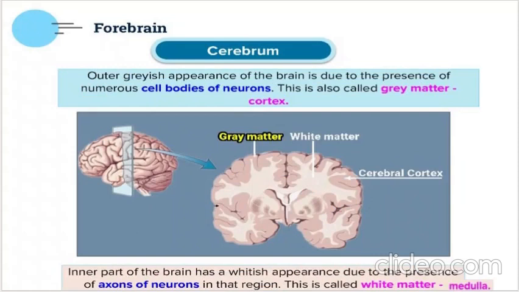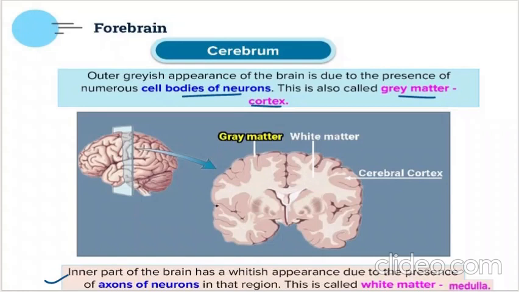Because of the presence of many cell bodies of neurons. That is known as the gray matter cortex. In the inner part of the brain, it has a whitish appearance because of the presence of the axons of neurons. That is known as the white matter medulla. So understand this.